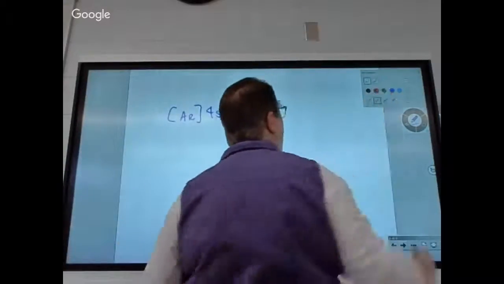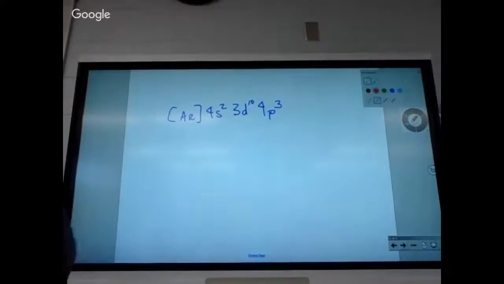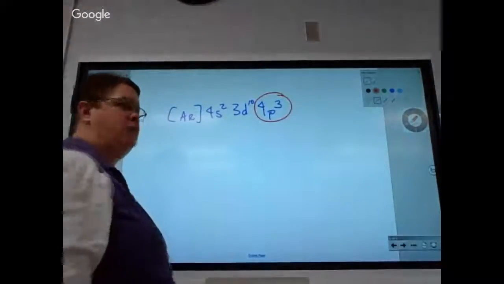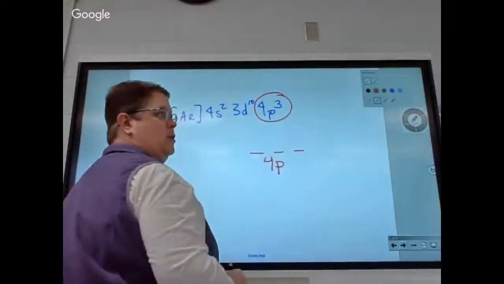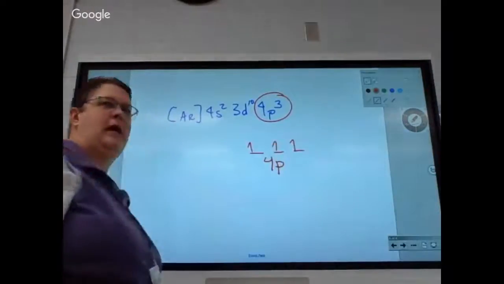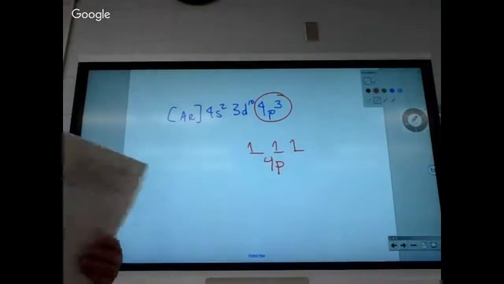What's the only part of that that could possibly have unpaired electrons? The last one. So this is the only one you would want to draw to see the arrows. So 4p would have 3 lines, and how would the arrows look? 3 singles. That's all you would need to draw. You don't need to draw 33 arrows, because you only need those 3, right? Does that make sense? There's no need to spend the test drawing that many arrows out.